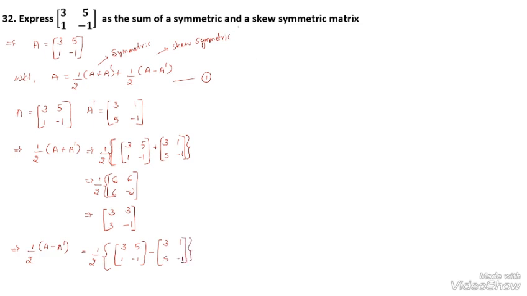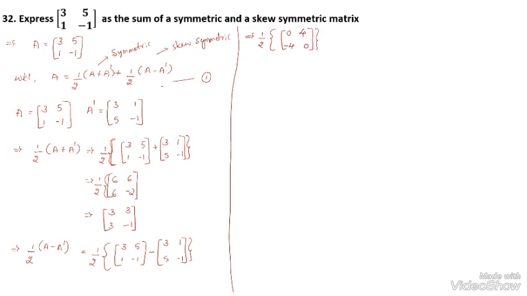Now I can subtract here. That is 1 by 2 of 3 minus 3, it becomes 0. 5 minus 1, it becomes 4. 1 minus 5, it is minus 4. Here minus 1 minus minus 1, minus into minus is plus, so minus 1 plus 1 becomes 0.